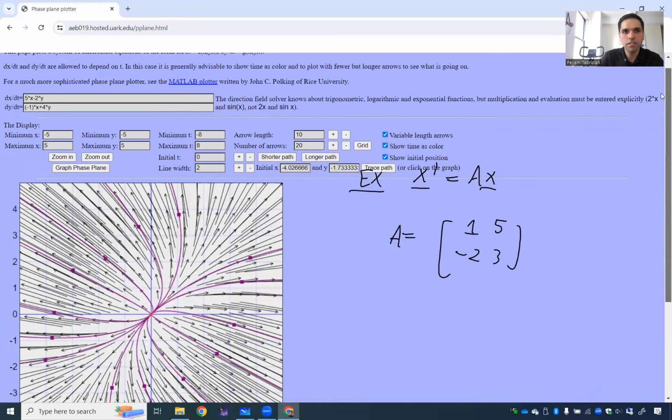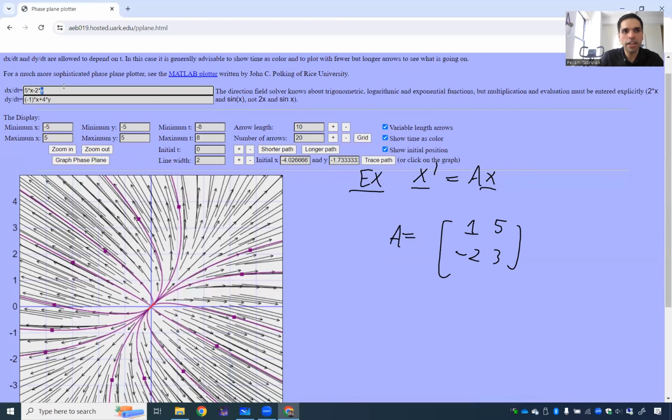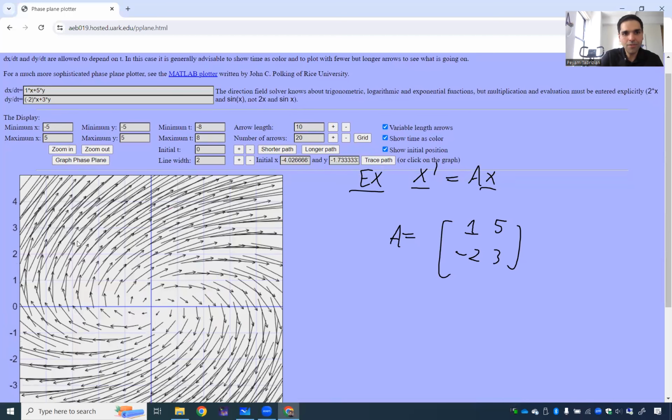In that case, again, you just need to change the numbers. So 1 times x plus 5 times y, and then minus 2 times x plus 3 times y. Let's do that. And whoa, you get something so spirally. How cute is that?